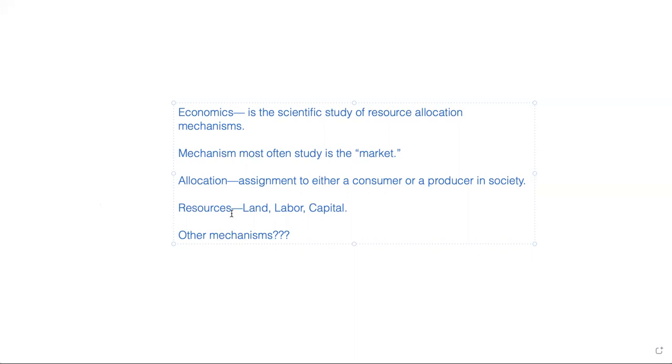Oil would be a resource, right? Yes. So Gilbert, how do you get assigned oil? You go buy it. Yeah, that's market, right? So is there another way to get oil?